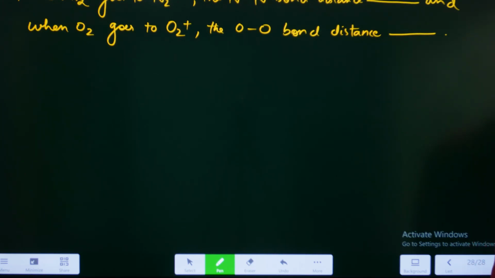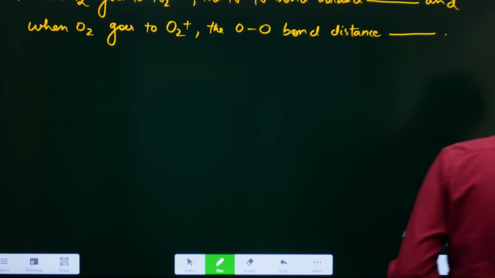Yes, Ankit, Ankush, Reshma, Avni. Sir, increase, decrease. Increase, decrease.